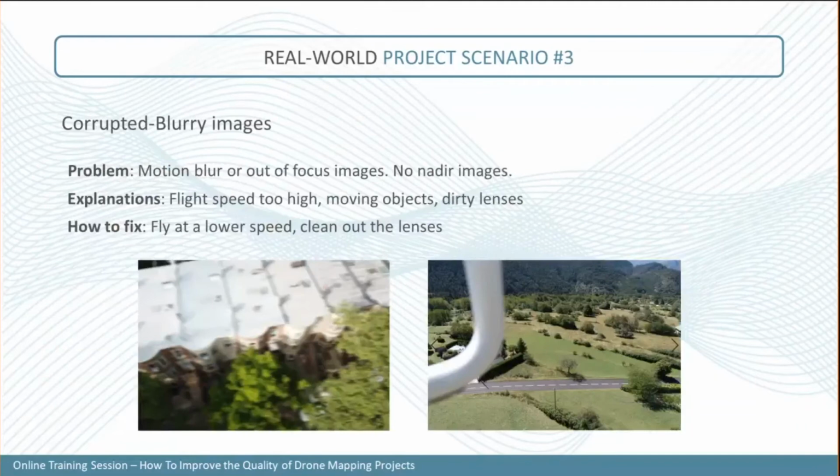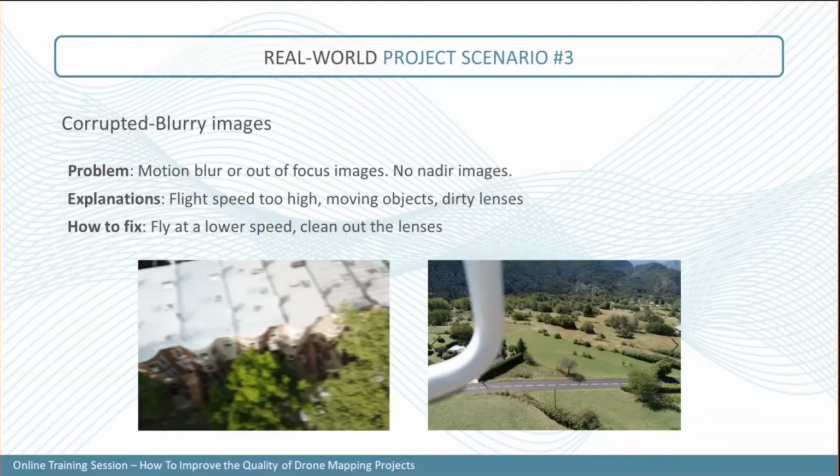So as we see now, real world scenario number 3 is either corrupted or blurry images. With the blurry images, as we can see here, the image itself is okay, but when we try to find features and match them with other images, those types of images are not really recommended, because they're just going to mix up the feature extraction.